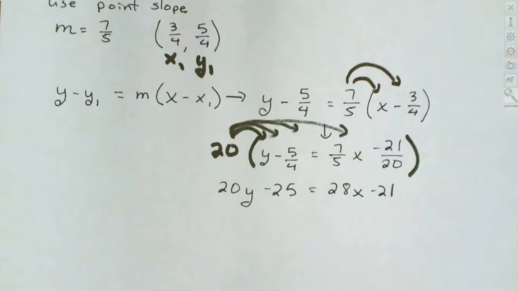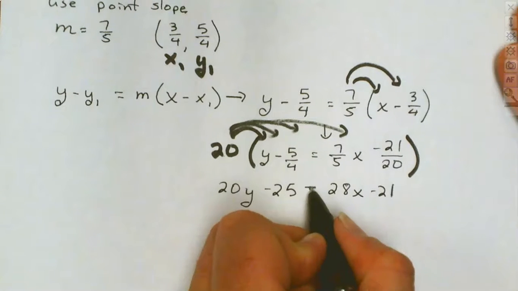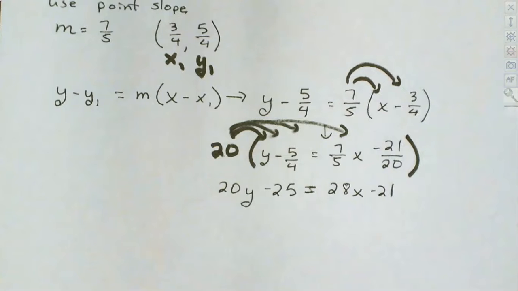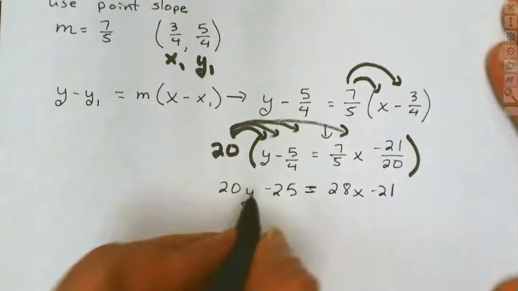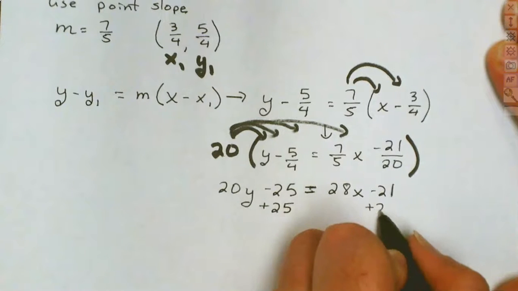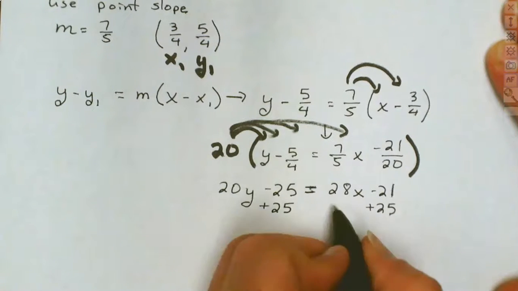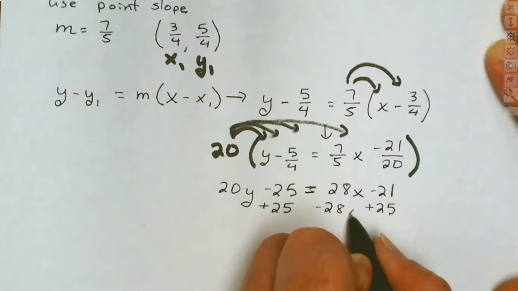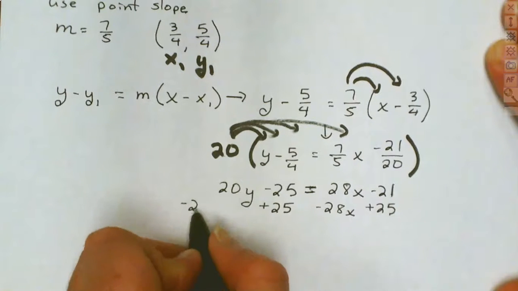This one is different from the last ones for our answer, because on the others, we wanted our answer in slope-intercept form. But we want this one in standard form. So we're going to go ahead and add that 25 over. And then we'll move that 28x over with subtraction.